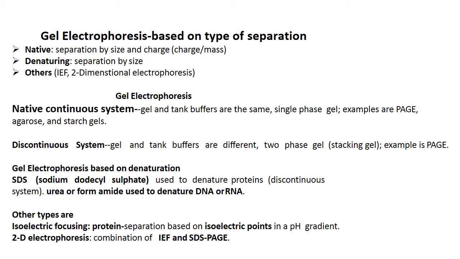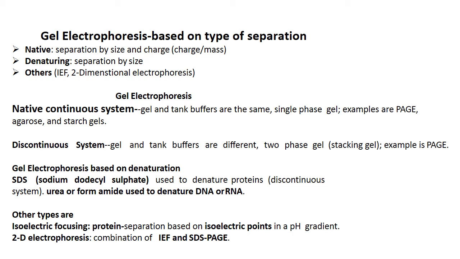Gel electrophoresis in the native continuous system: gel and tank buffers are the same, single phase gel, for example PAGE, agarose and starch gels. In discontinuous system, gel and tank buffers are different, that is two phase gel or stacking gel, like PAGE. Gel electrophoresis based on denaturation: SDS, that is sodium dodecyl sulfate, is used to denature protein, that is a discontinuous system.